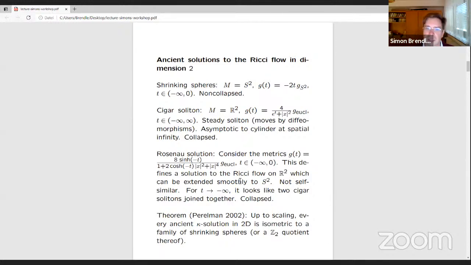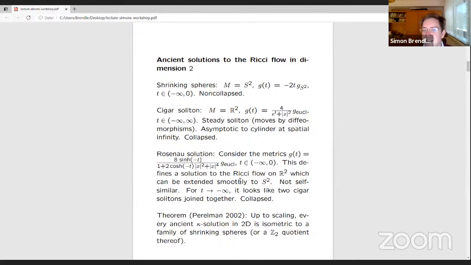And now it turns out that even though this is a metric on R2, it actually extends smoothly to a metric on S2 using stereographic projection. So this is not really a metric on R2, but it's a metric on S2.